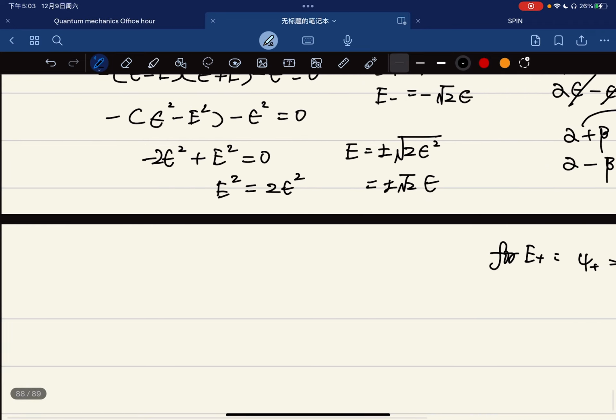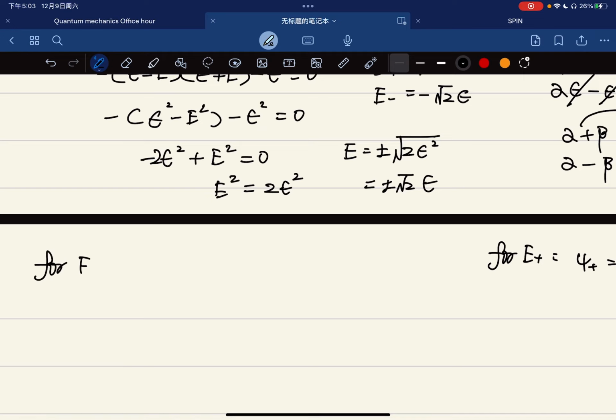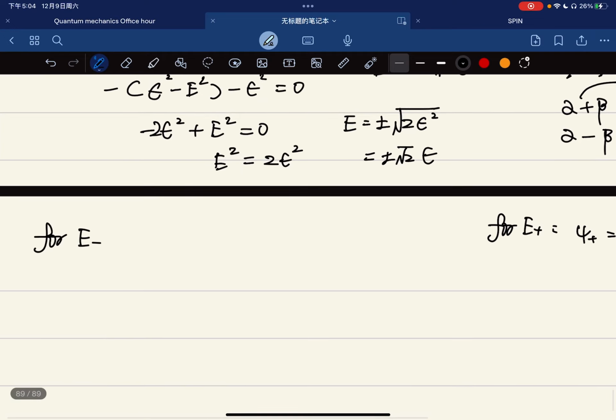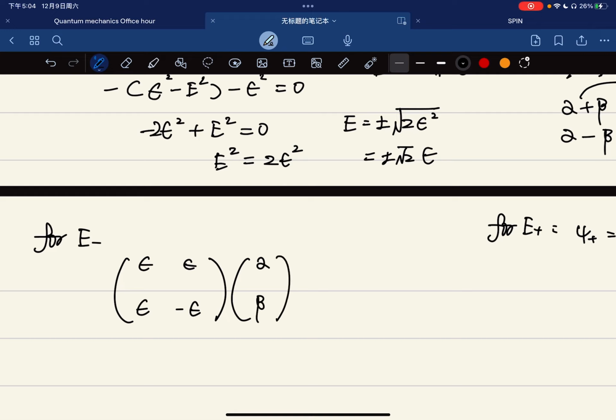Okay, and it's the same idea for e minus. So phi for e minus, we have this equation, alpha beta equals to negative square root of 2 small e alpha beta.